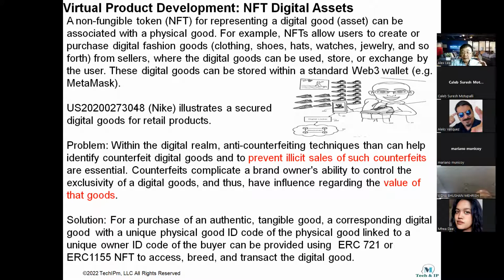So whenever you buy the genuine product, they issue a corresponding digital good with a unique physical good ID and also a product owner ID, using the well-known ERC 721 or ERC 1155. 721 is for the NFT, and 1155 is for NFTs and others, for example game artifacts or whatever.